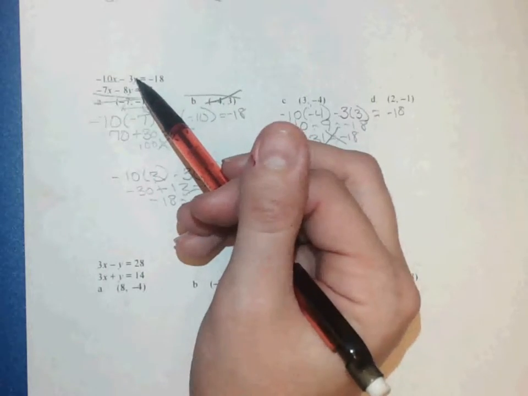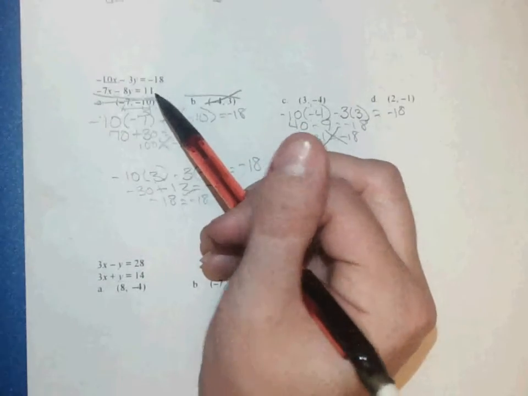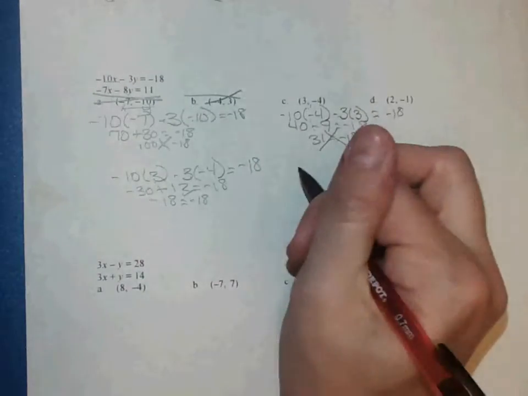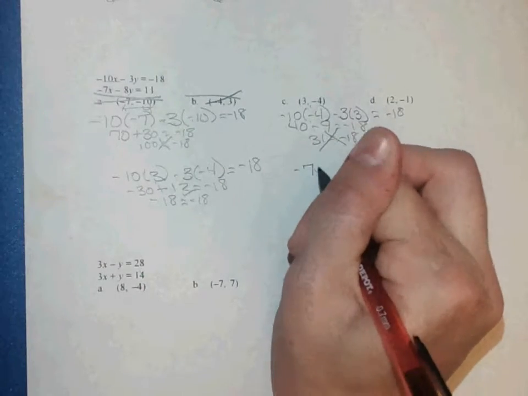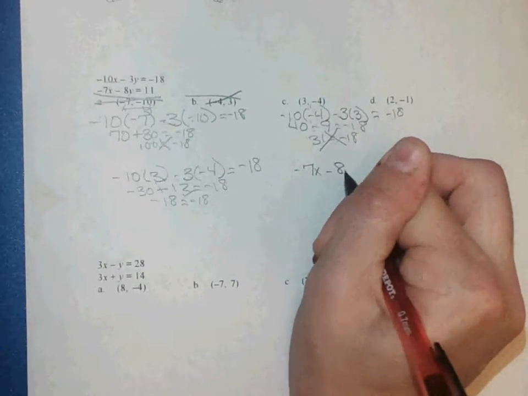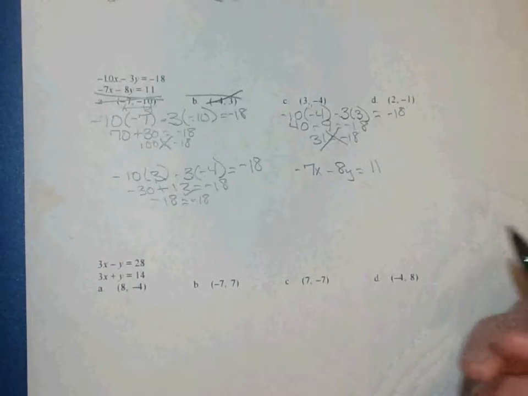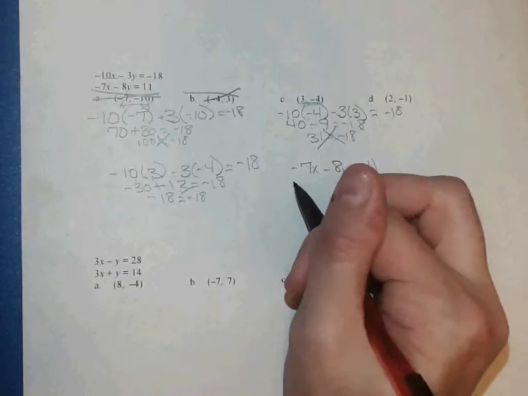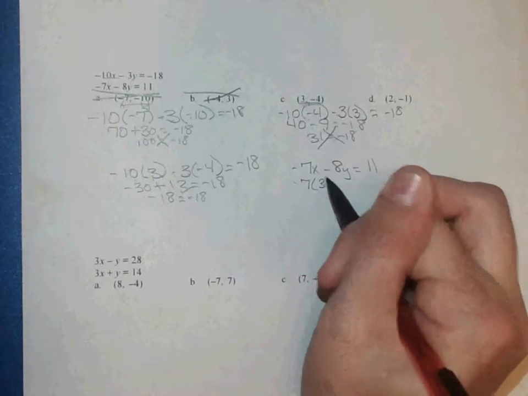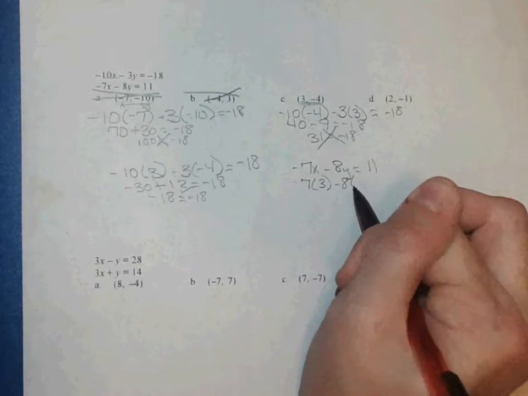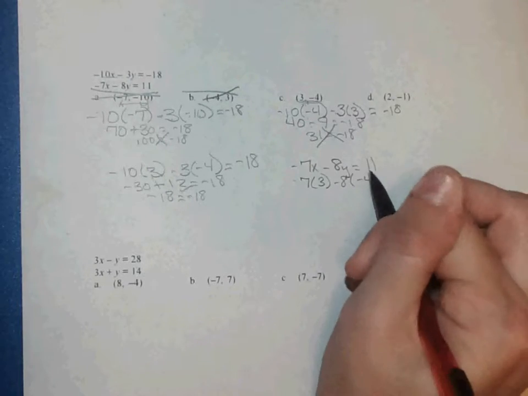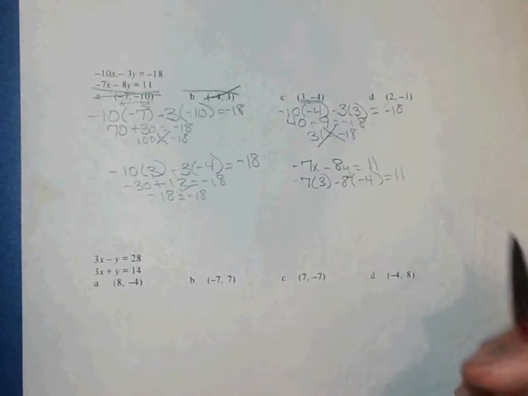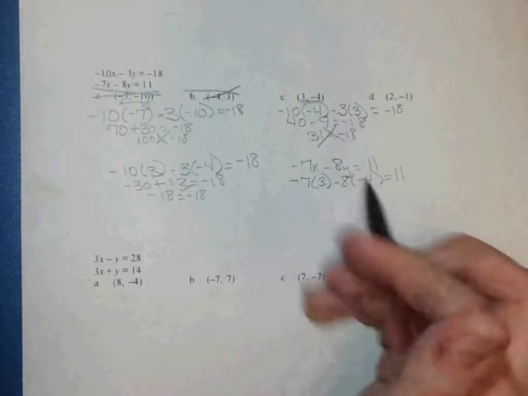But I need to know if it's a solution to the system. So I also need to try it in my second equation. So I'm going to rewrite my second equation, and I'm going to plug in this ordered pair here. So I'm going to say -7 times 3 minus 8 times my y value, which is negative 4, equals 11.